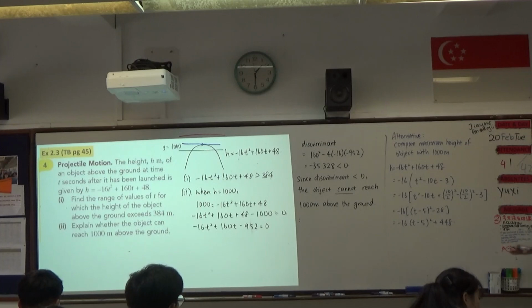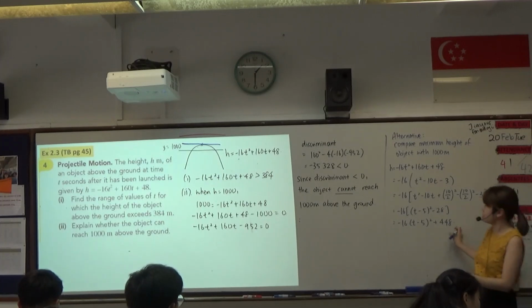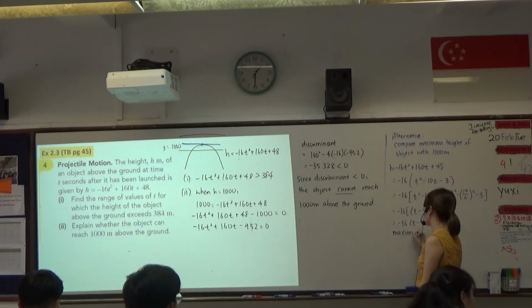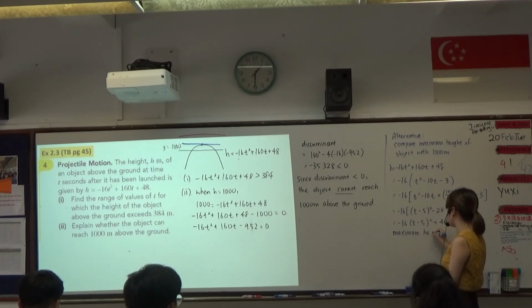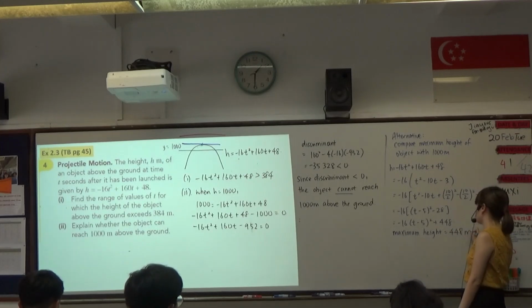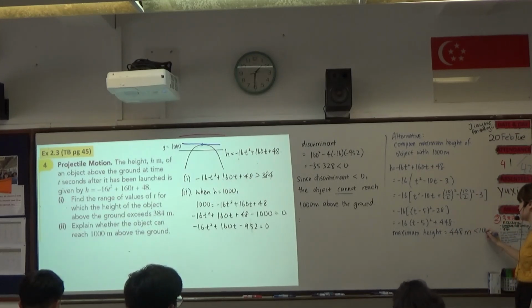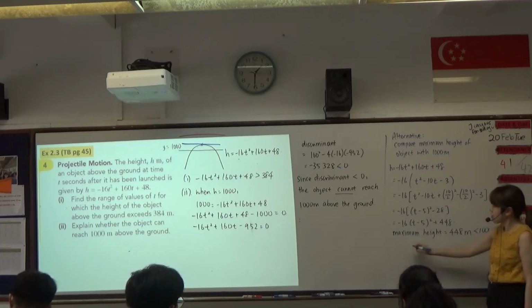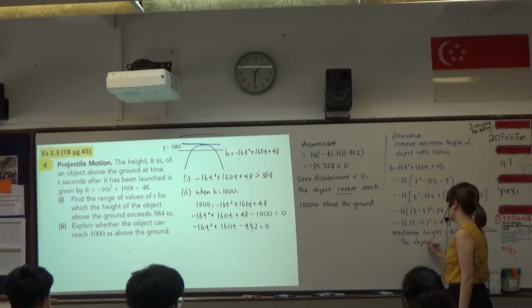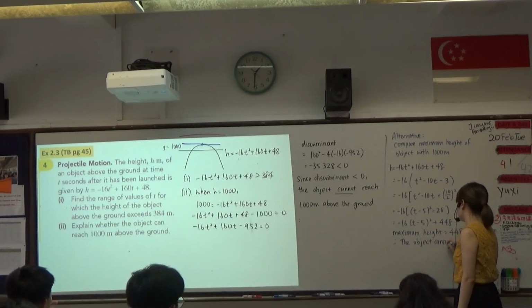Doing the completing the square itself, we will get this, and then we see that the maximum height will be 448, which is less than 1000 meters. Therefore, the object cannot reach.